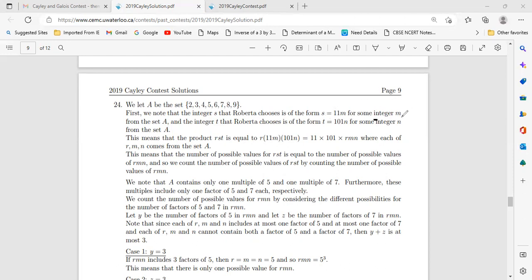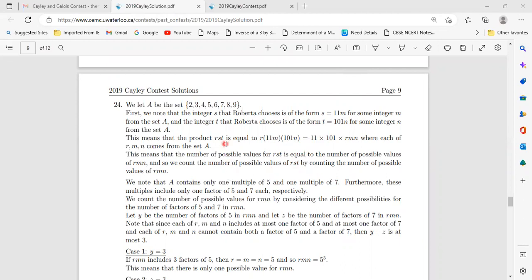We are assuming the integers of the set S as m, so it's going to be 11m. And we're also assuming the integer of the set T as n, so it's going to be 101 times n. So when you multiply all of them, you will have 11 times 101 times r times m times n. Is this part clear?